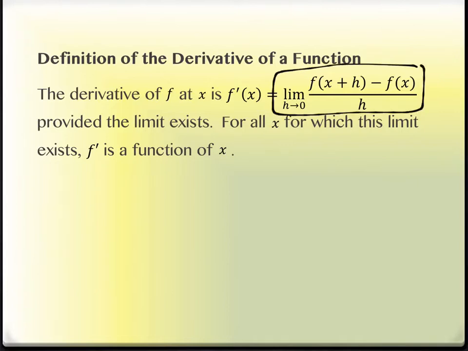The limit as h goes to 0 of f of x plus h minus f of x over h, provided the limit exists. For all x for which this limit exists, f prime is a function of x. So in other words, as long as the limit exists, if f is a function, f prime is also going to be a function.